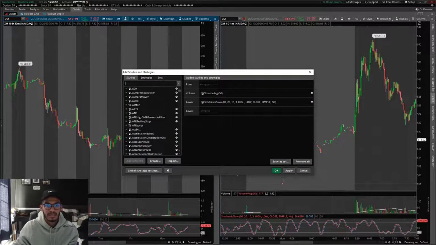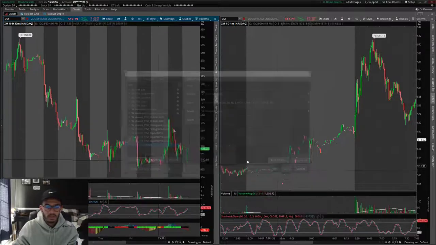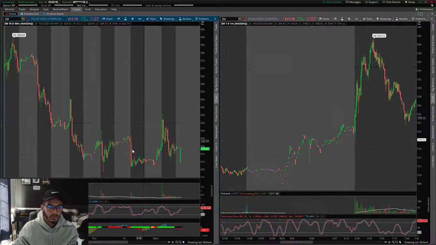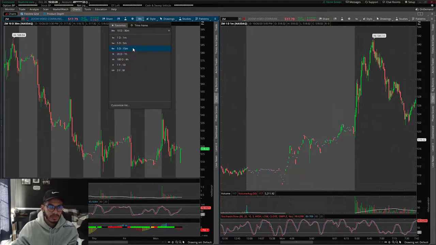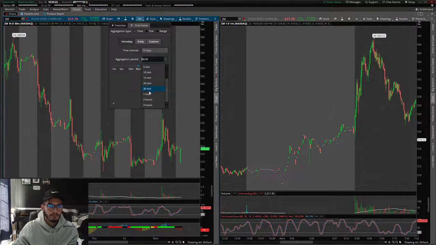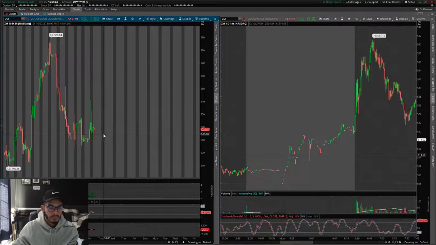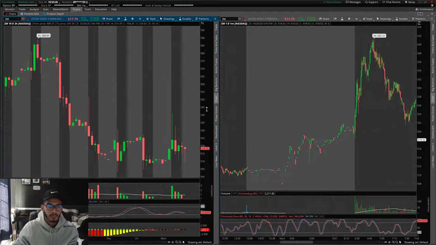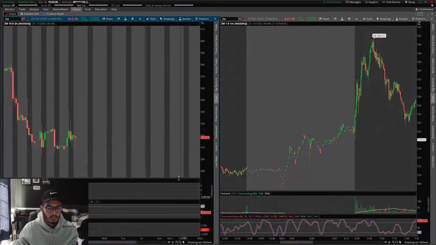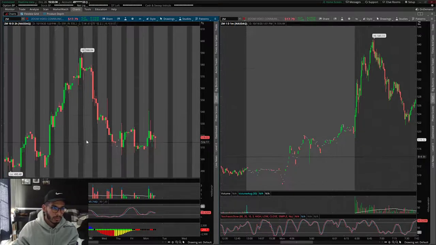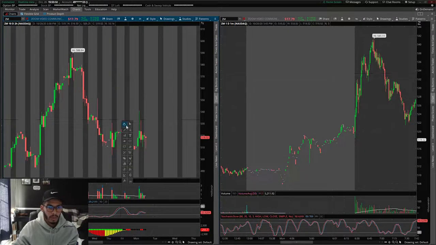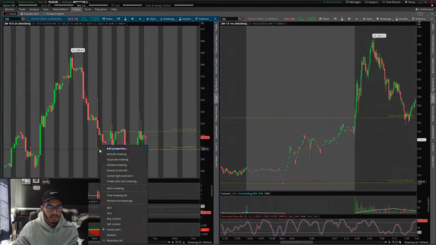Let me pull up the TTM Squeeze to show you guys. Yeah, so Zoom had been, I believe, in a 2-hour squeeze, actually. I was just going through my squeeze watch list during pre-market, and I had identified that Zoom was in a nice consolidation range.